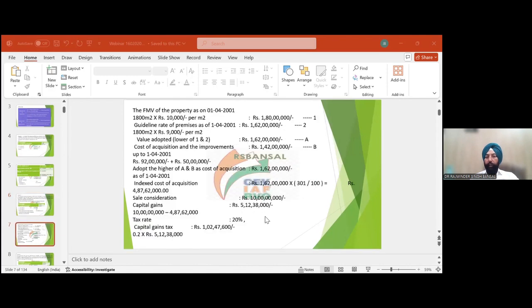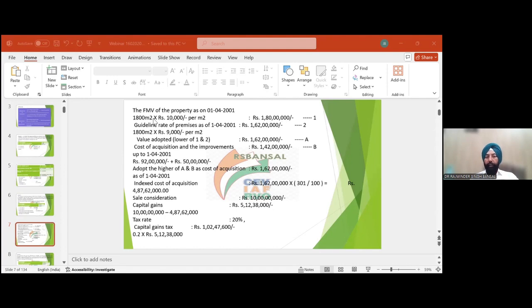See here, first calculate the fair market value of the property as on 1st April 2001. The area is 1800 square meters and the rate is 10,000 per square meter. It comes out to be 1800 into 10,000, which is 1 crore 80 lakh.